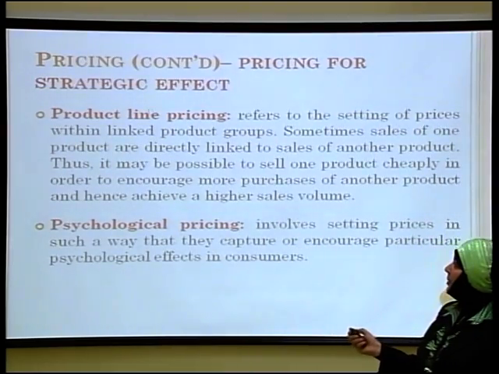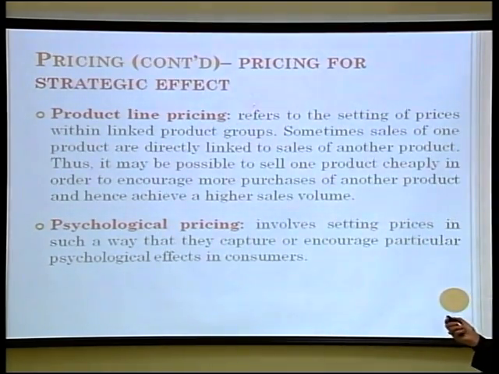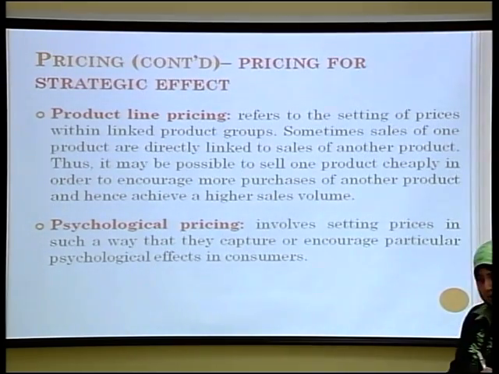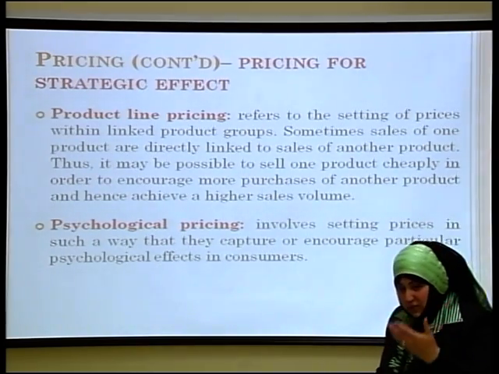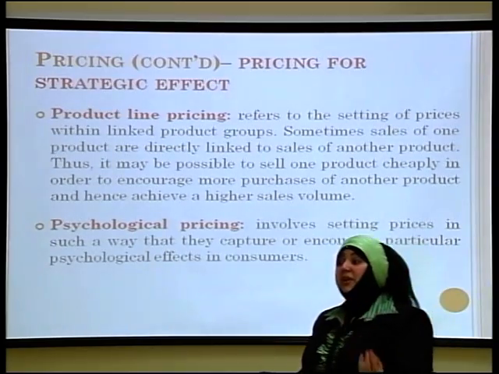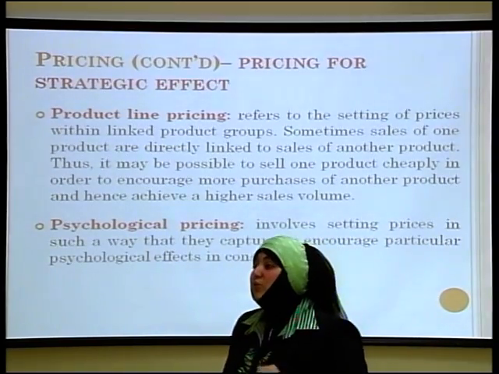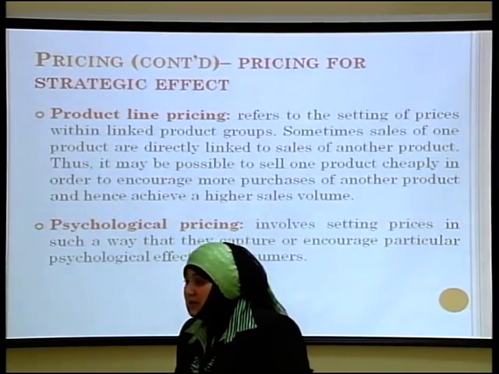So the product line pricing is the first point here, refers to the setting of prices within linked product groups. Because sometimes sales of one product is directly linked to sale of another product. In order to sell one product, this is directly related to the selling of another product. Can you give me an example?